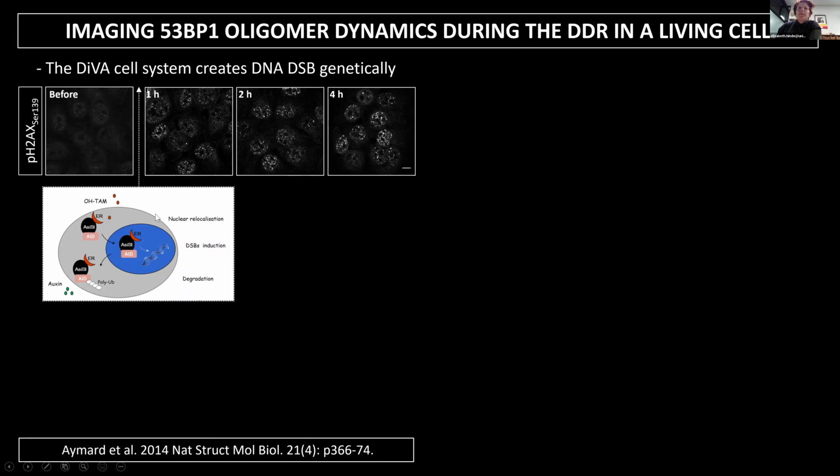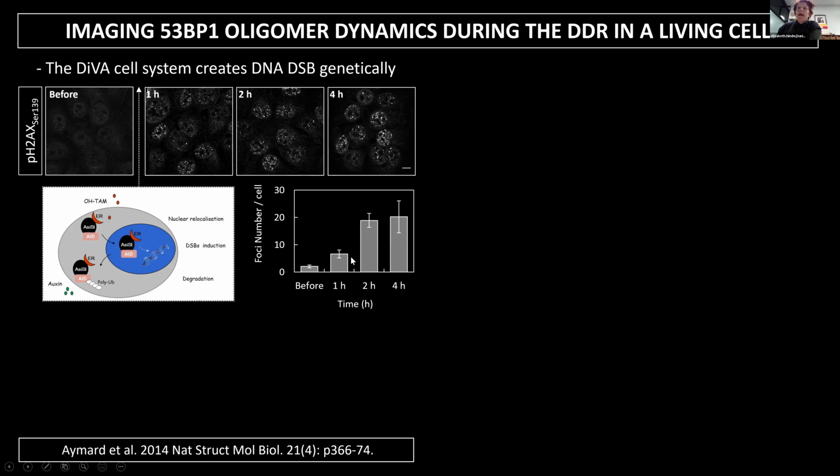You can see that once you add this restriction enzyme that cuts double-strand breaks at approximately 100 locations throughout the genome, these sites are illuminated by the H2AX immunofluorescence. And we found that within 1 hour of addition of this restriction enzyme, you can start to see the double-strand break sites within this U2OS cell line.